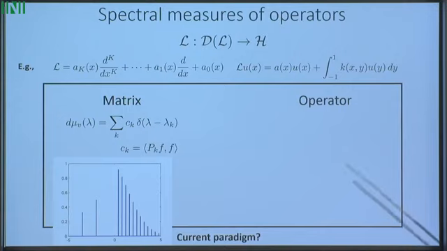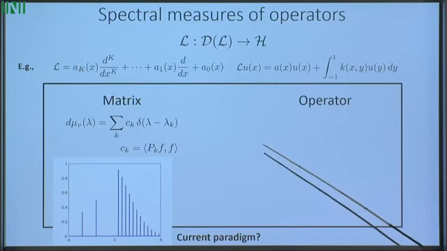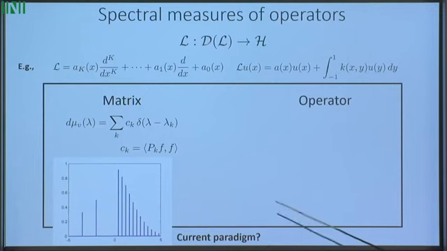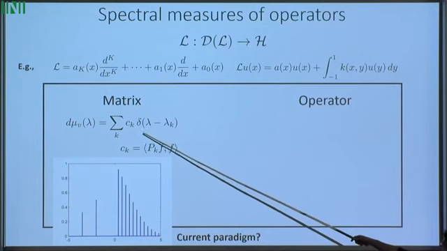So in case you're not familiar, I'll just first mention the matrix case. We say the spectral measure of a matrix A with respect to some vector is just a sum of Dirac deltas that are supported on the eigenvalues of the matrix A. And I've represented the Dirac deltas here just as these straight lines, and I've tuned their heights to be the height of these coefficients.